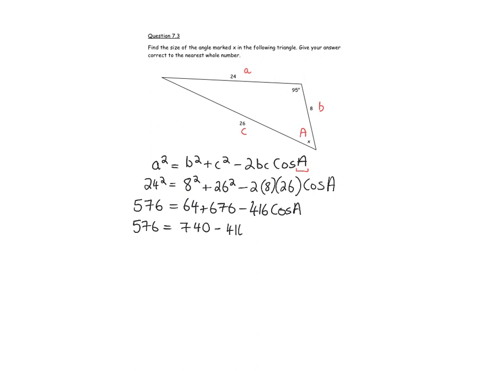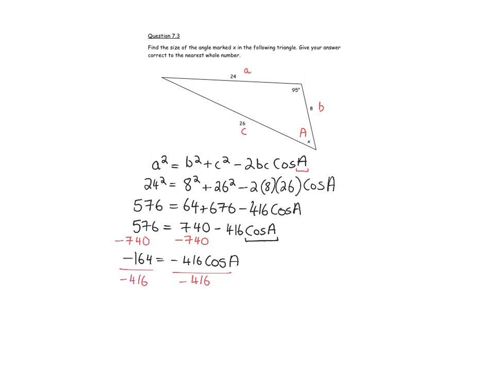Minus 416 cos A. Now we need to get the cos A by itself and everything else on the other side. So what we can do is minus 740 from both sides. So 576 take 740 will give you an answer of minus 164 is equal to minus 416 cos A. We can then divide both sides by minus 416.